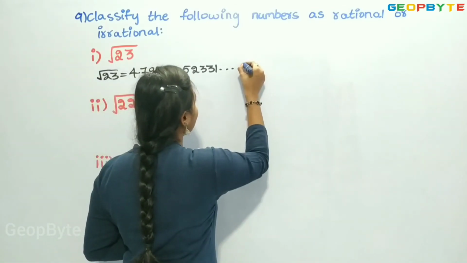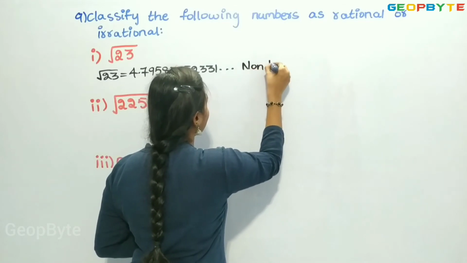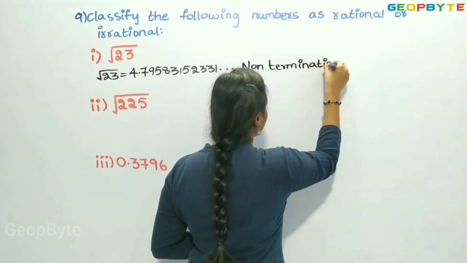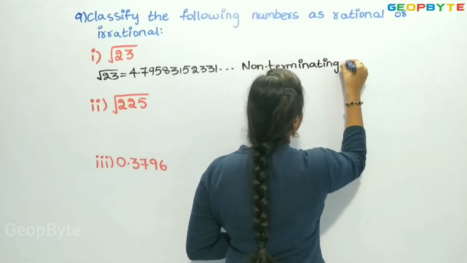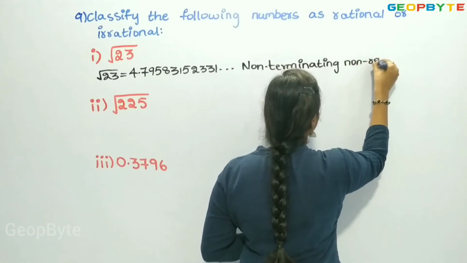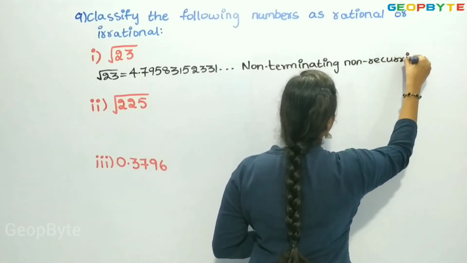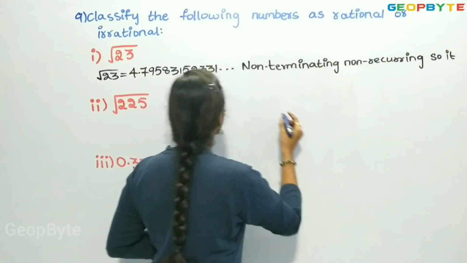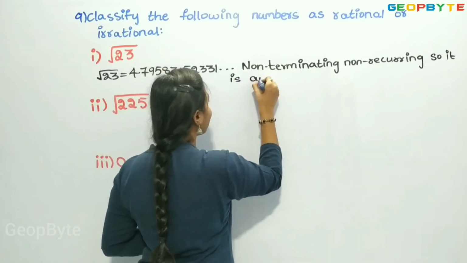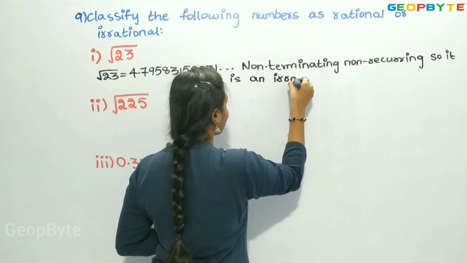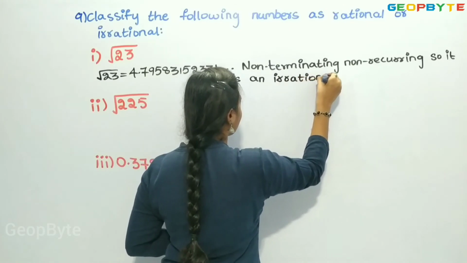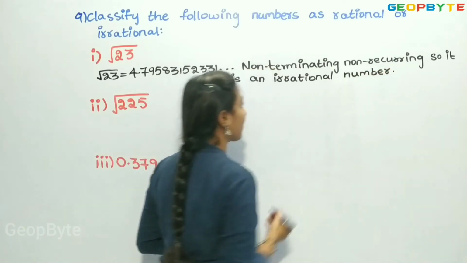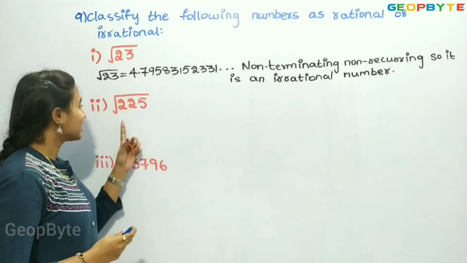Let us write non-terminating, non-recurring. So it is an irrational number. Now let us see the second one.